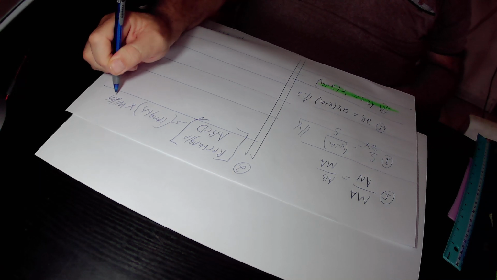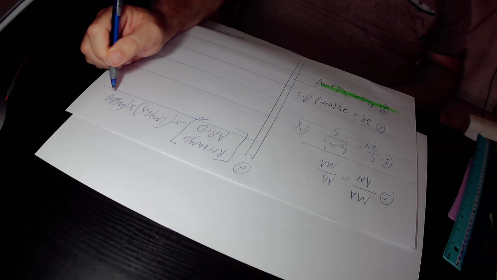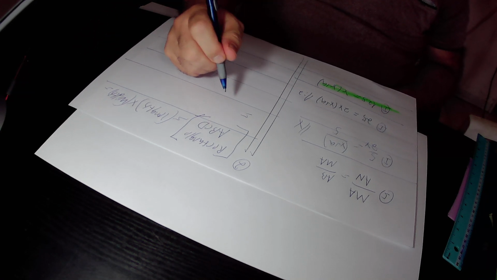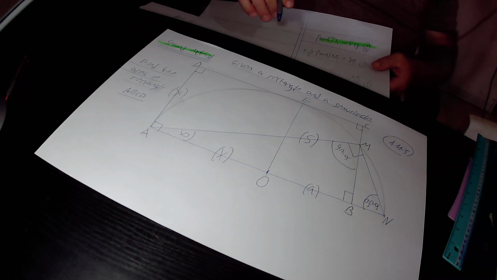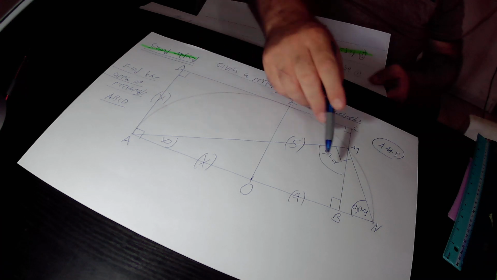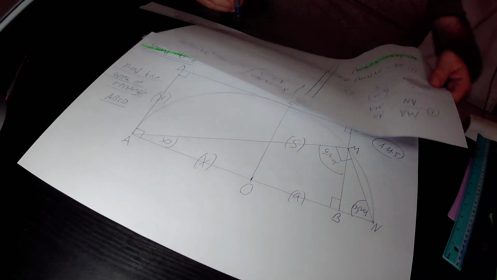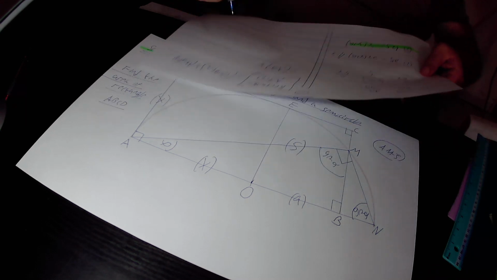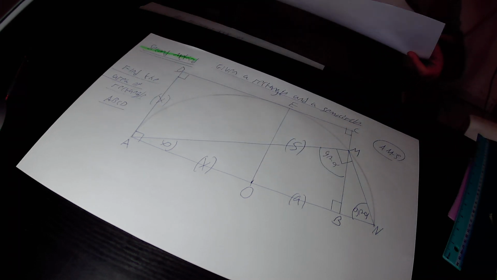And therefore, the area of our rectangle ABCD must be equal to the length of the rectangle ABCD times the width. The length of this rectangle ABCD is AB times the width. The width is DA.